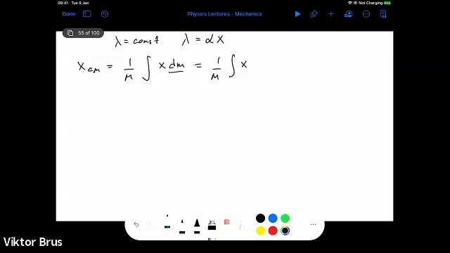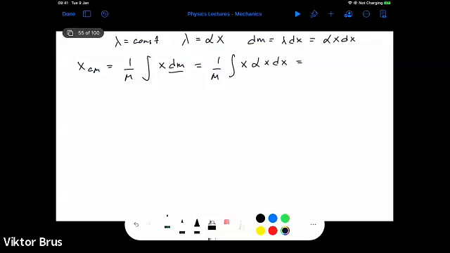Instead of dm, now we put dm is equal to lambda dx, and this lambda is a function of x. Then we put alpha x dx. Okay, so this is alpha x dx.